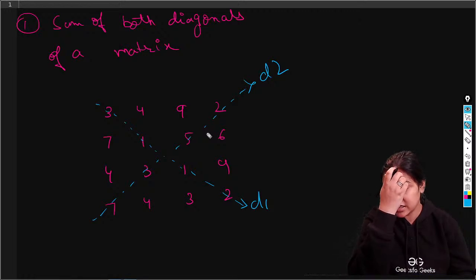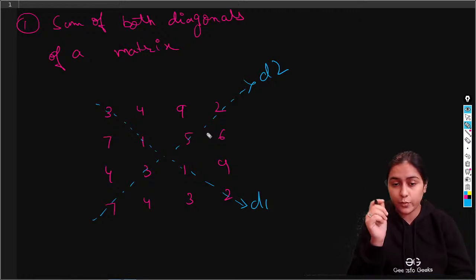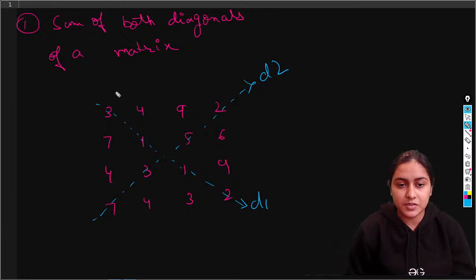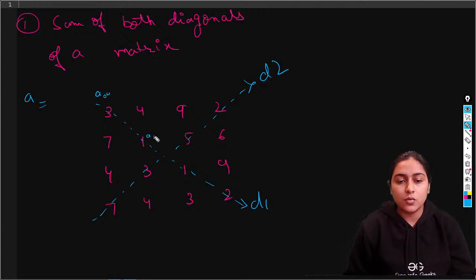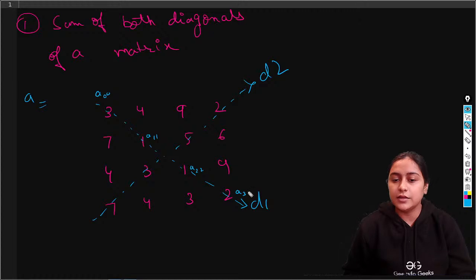Now this is a very easy question. If you see one small thing, let me explain. Let's name this 2D array as A. So this is A00, this is A11, this is A22, this is A33.